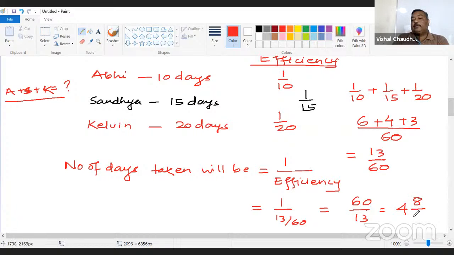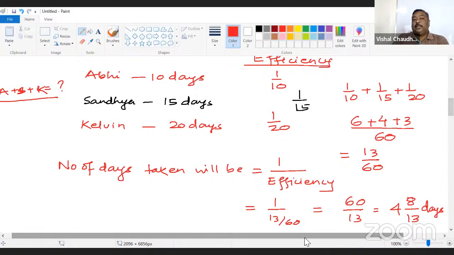We have 8 remaining, so 4 and 8 by 13 days. 4 and 8 by 13 days. Is it clear?